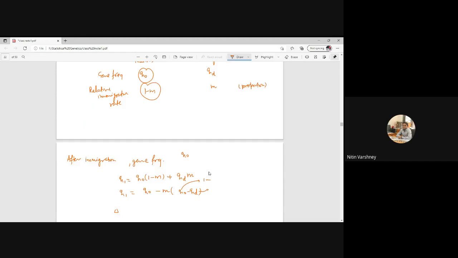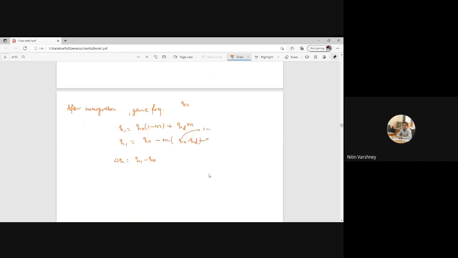If I calculate delta Q, this will be Q1 minus Q0. The Q0 cancels out, and this will be minus m times Q0 minus QD. You remember this, it is important. This is the change in gene frequency after migration.